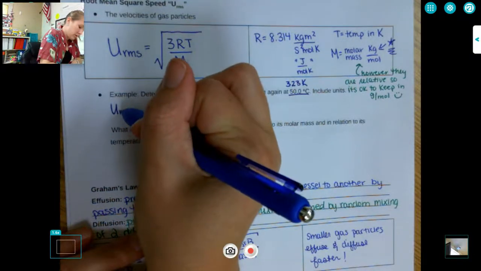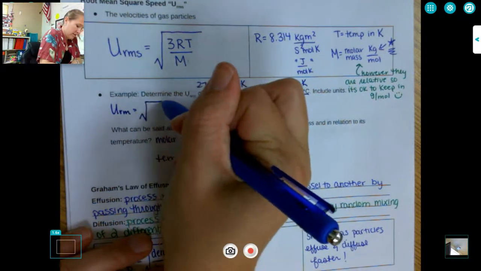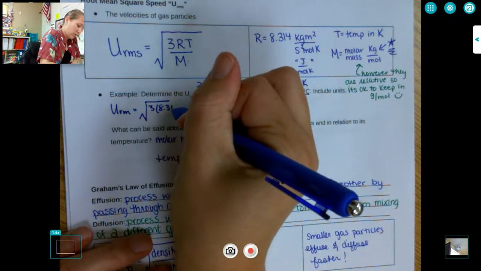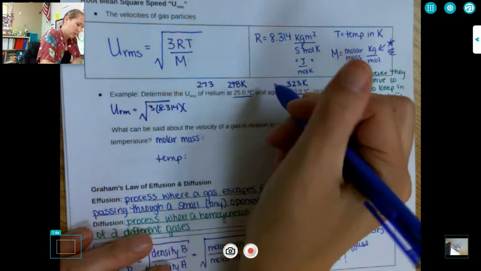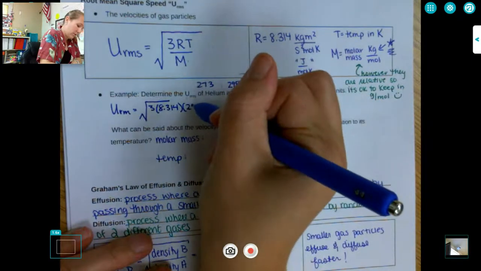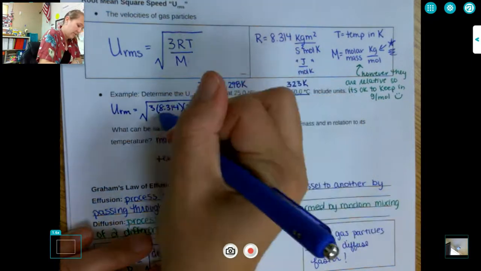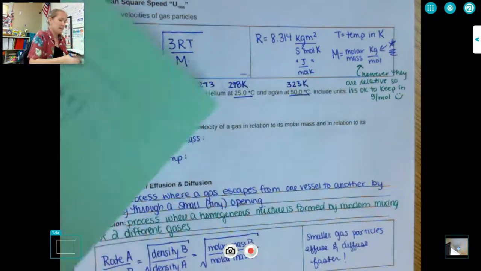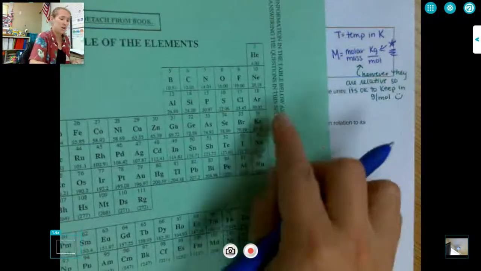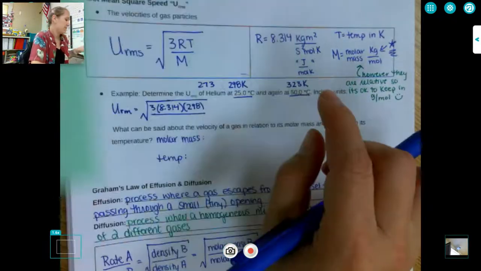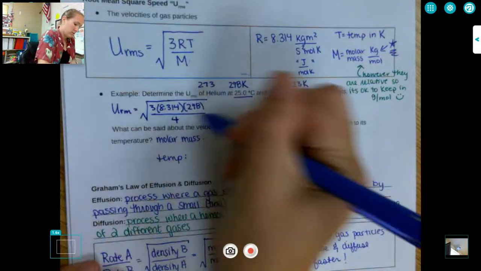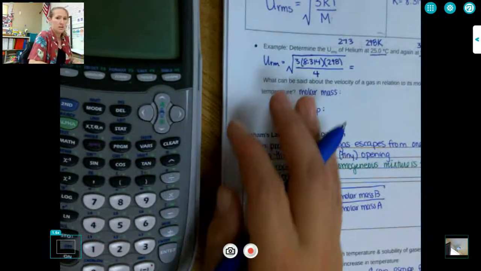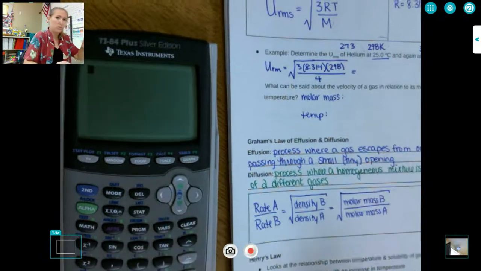So u_rms of my first one: 3 times R, 8.314, times my temperature, 298 Kelvin, divided by my molar mass. My molar mass of helium is, and we're just looking at relatives, so we can pull it right off the periodic table, 4. So we need to take the square root.